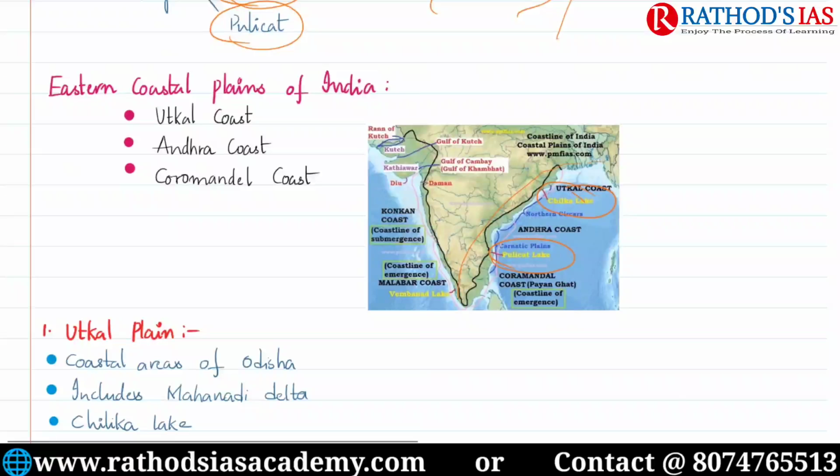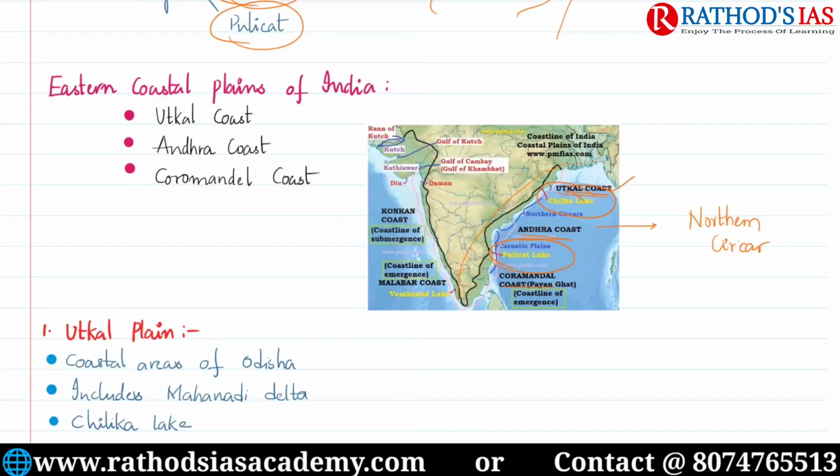And if you are looking at the division of these eastern coastal plains of India, it is divided into three parts. The first one is Utkal coast, the second one is Andhra coast, and the third one is Coromandel coast. So this Andhra coast is also called Northern Sarkar. Don't get confused with this name, Northern Sarkar.